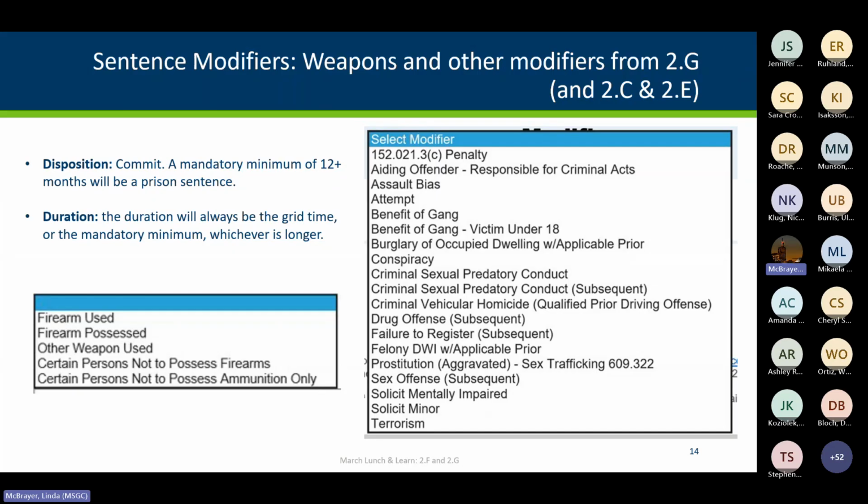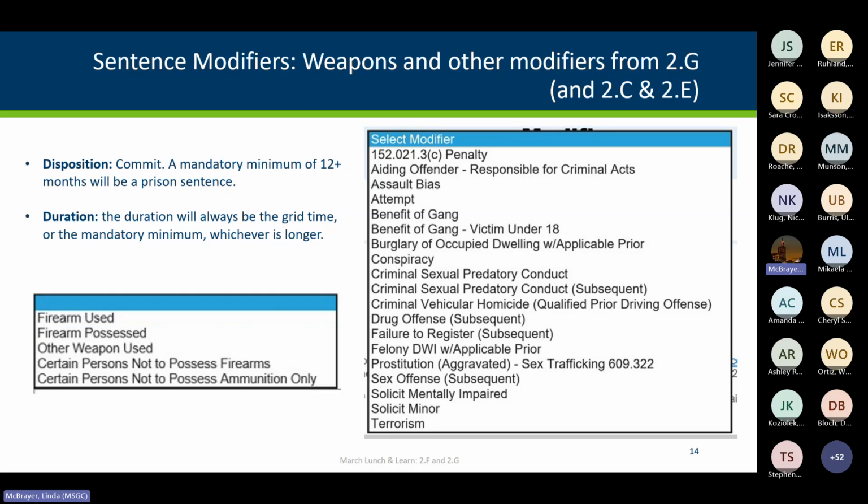But we want to think about these in terms of modifying the presumptive sentence regardless of what policy they live in. So whenever we have a modifier that is going to create a sentence of more than a year, that's an automatic prison sentence.